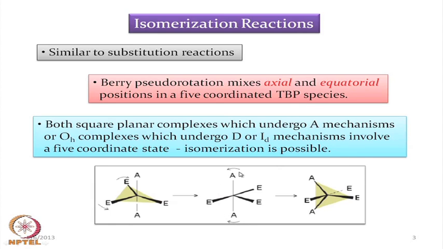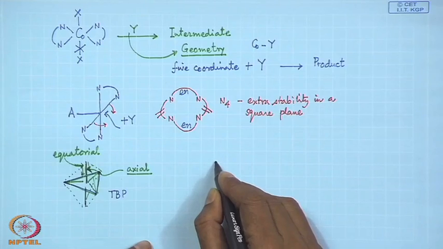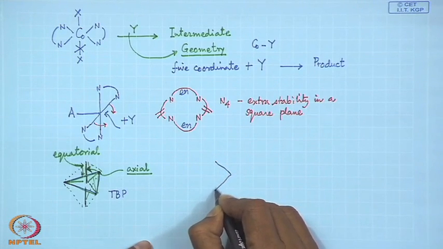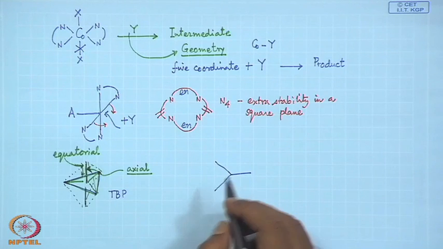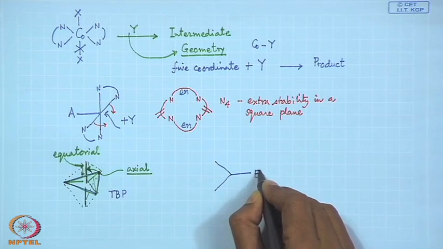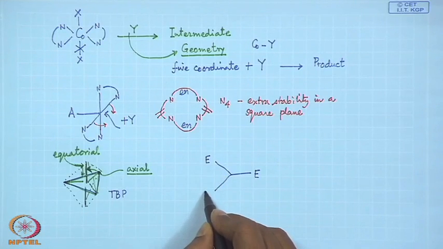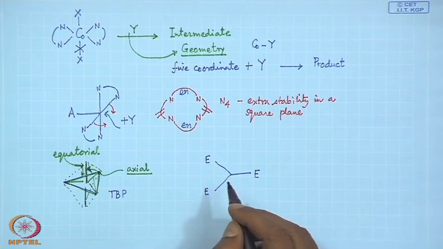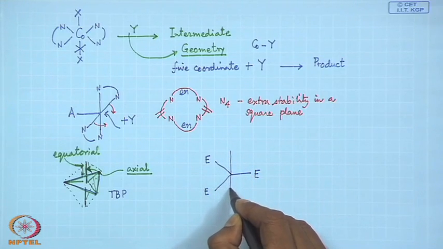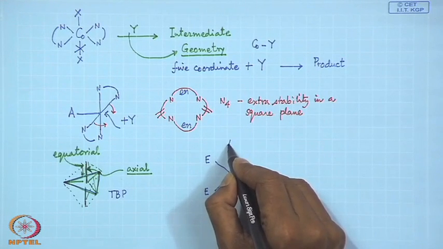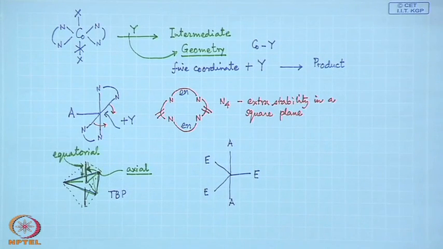So, basically we can consider these 3 are the corresponding bonds in the equatorial plane. These are the equatorial bonds. So, we label them, the donor atoms also are in the equatorial plane, and we have the axial ones. This is one axial one and this is the second axial one.